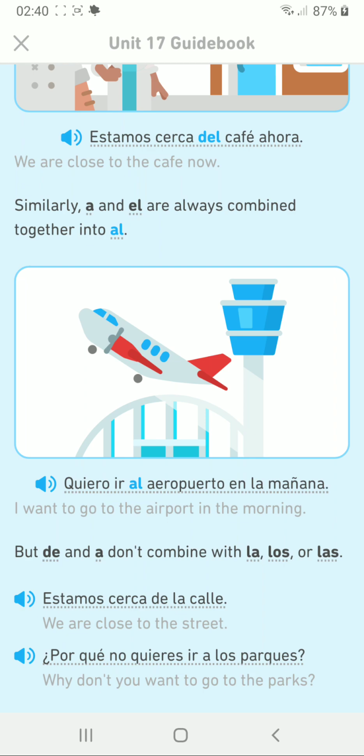But de and a don't combine with la, los and las. So estamos cerca de la calle. It's not cerca del calle. ¿Por qué no quieres ir a los parques? It's not ¿por qué no quieres ir al parques? So a los and de la calle.